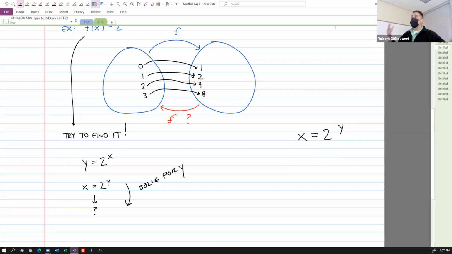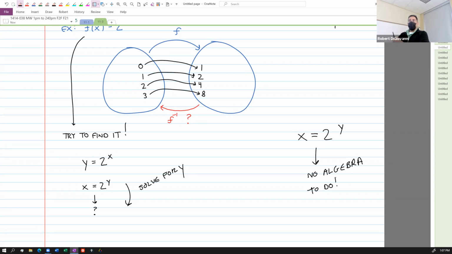I can't add something to both sides, subtract, multiply, or divide. There's no algebra to do here, all right? In order to get y, that we can do, I should say. And so I'm not going to be able to tell you what the inverse of this function is in an algebraic way.